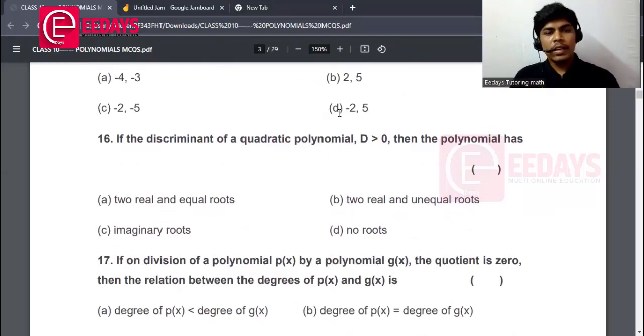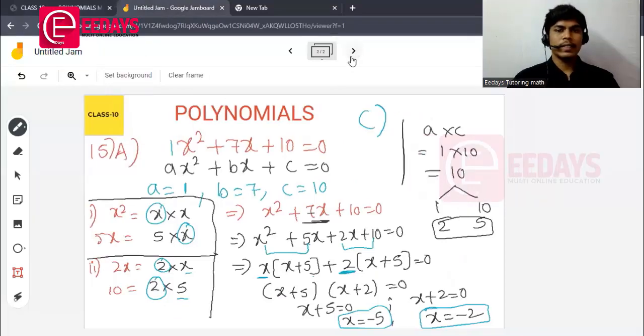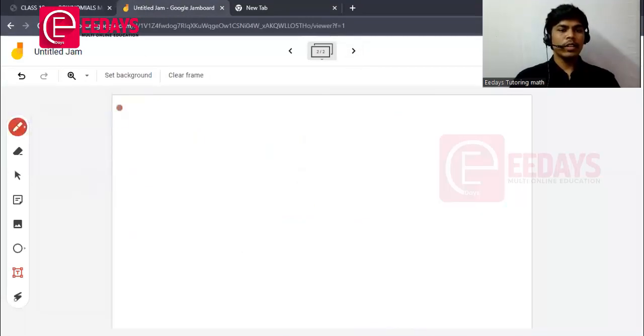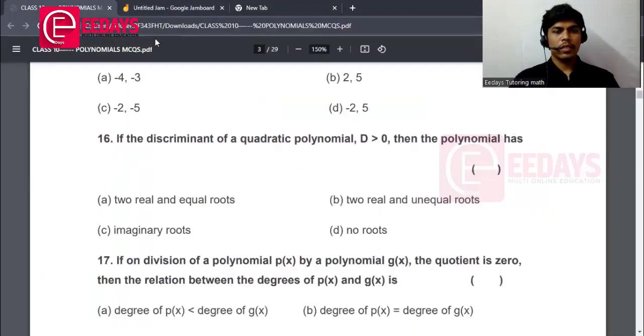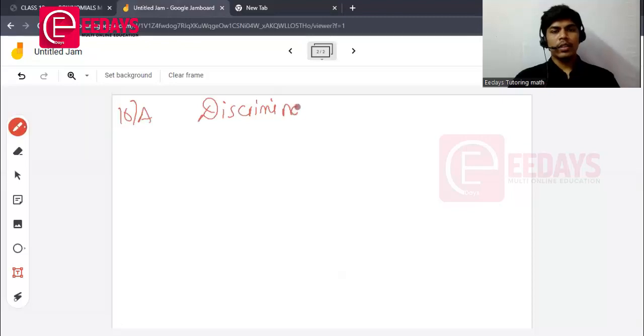If the discriminant of the quadratic, D, is greater than 0, then the polynomial equation has what type of roots? First of all, discriminant. We have three conditions.